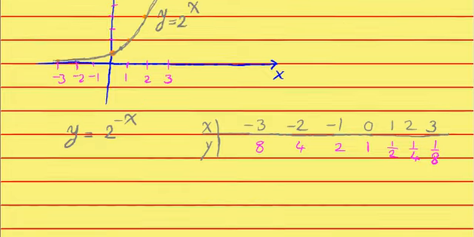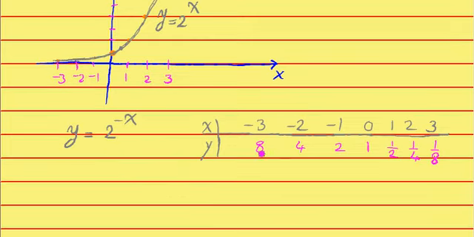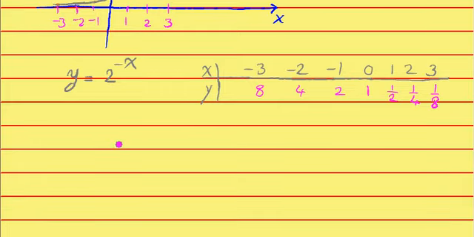So all that happened here is that compared to this other table, our answers are coming out in reverse. The numbers that used to show up on the right are now showing up on the left. The left and right exchanged their spots. 8 came here, 1/8 went over there. What does that do to the picture?